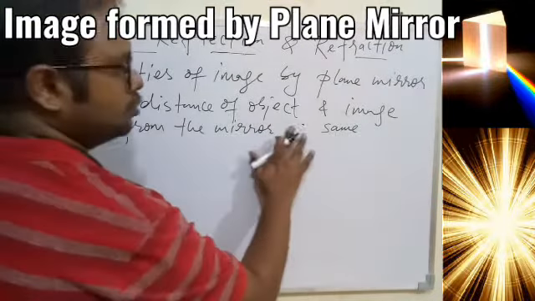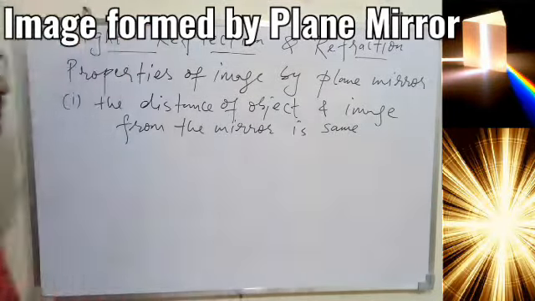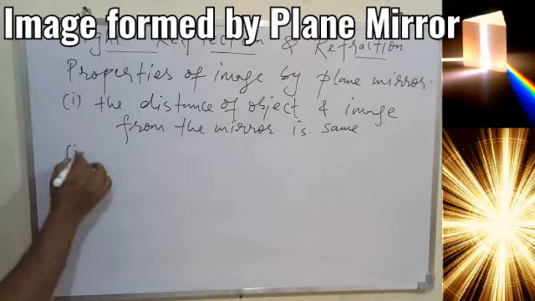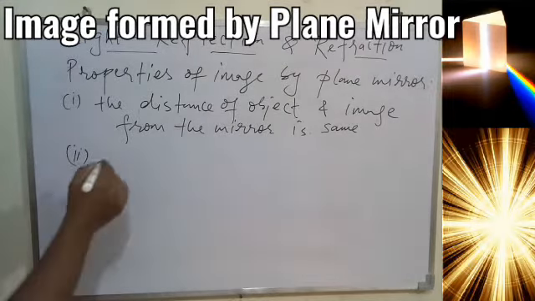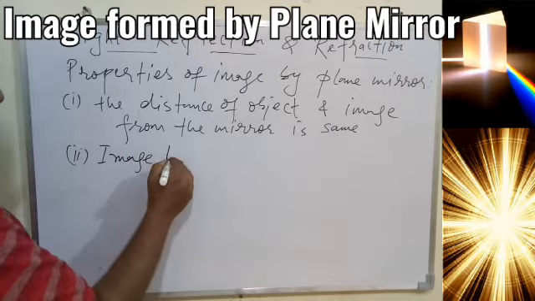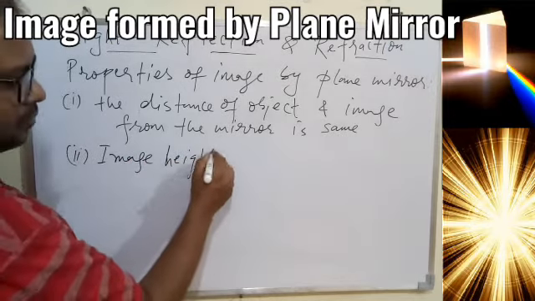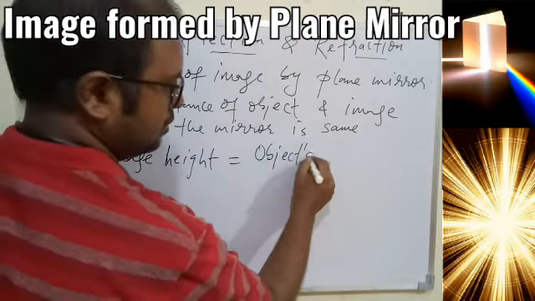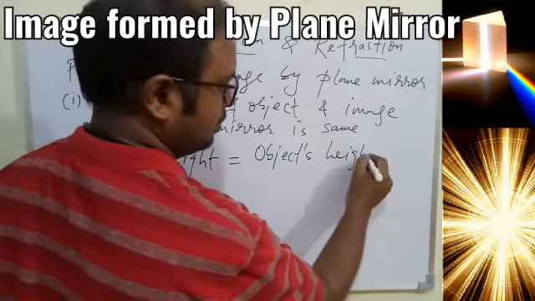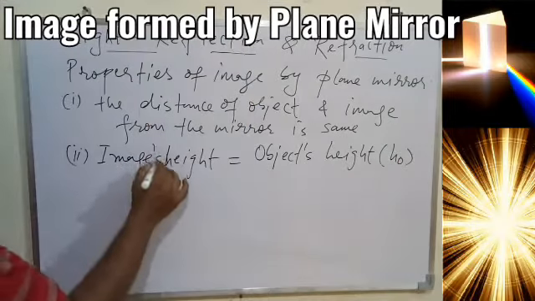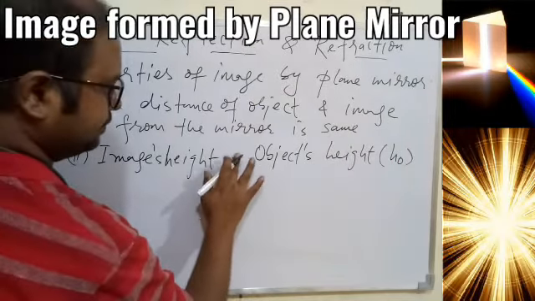Okay, so suppose the distance that we are talking about, they are same. Okay, second thing we understood, the height is also same. So image height is equal to object height. I'm just writing now. So height of image or image height is equal to object's height. So we can write down HO, we can write down HI.